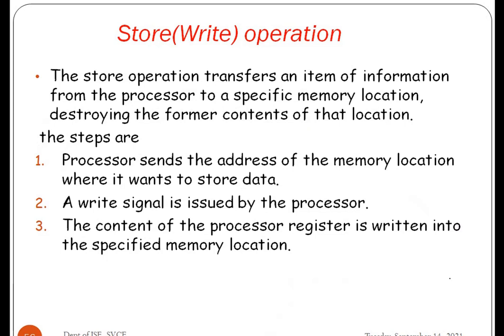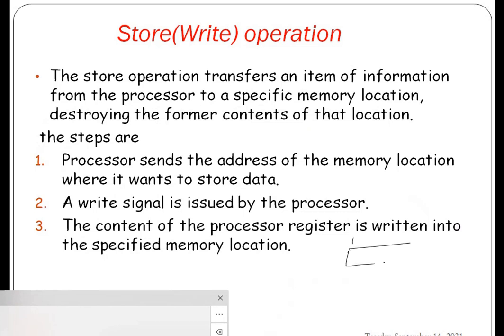Similarly, the write operation. The store operation transfers an item of information from the processor to a specific memory location, destroying the former content of that location. The steps for that: the processor sends the address of the memory location where it wants to store the data.